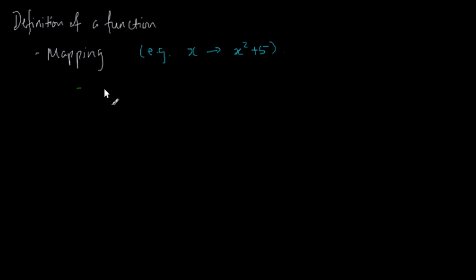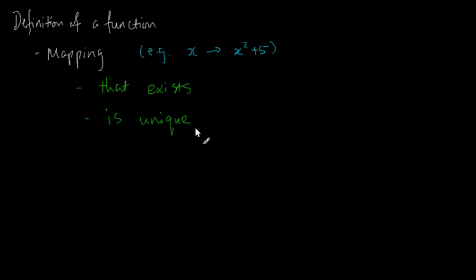It's a mapping that exists and that is unique. Meaning that when we want to apply the mapping, we would find an answer.